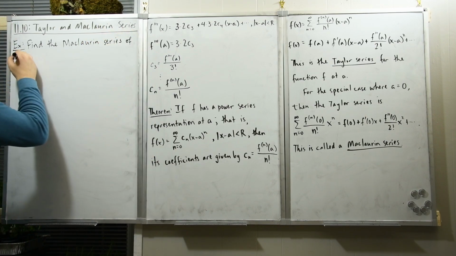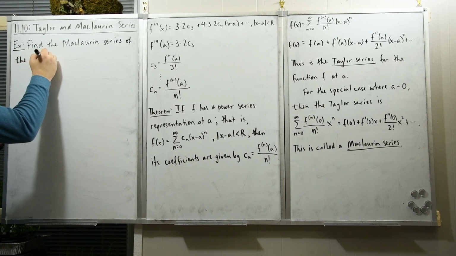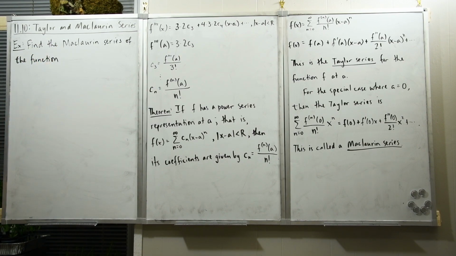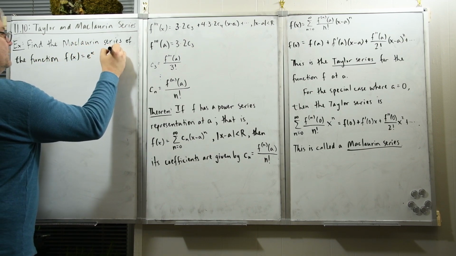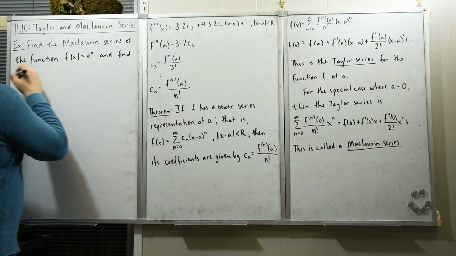The function we're going to be dealing with is f of x equals e to the x. And then we're going to find its radius of convergence.